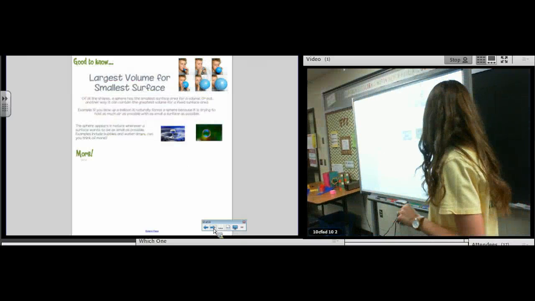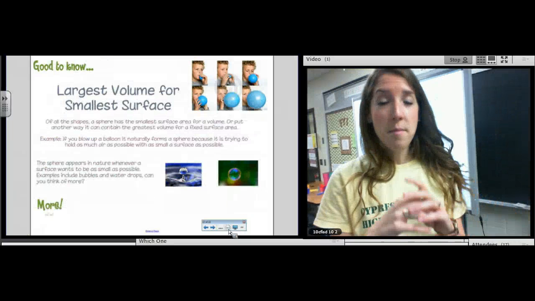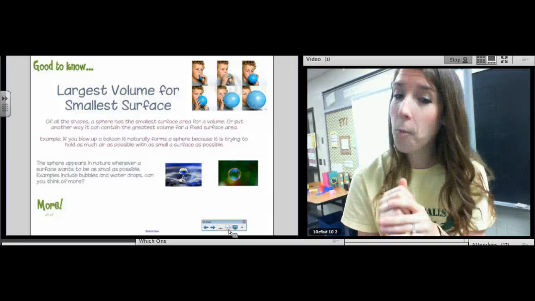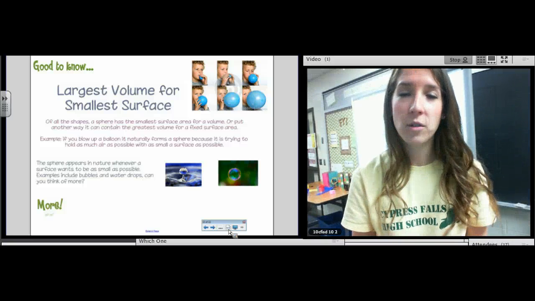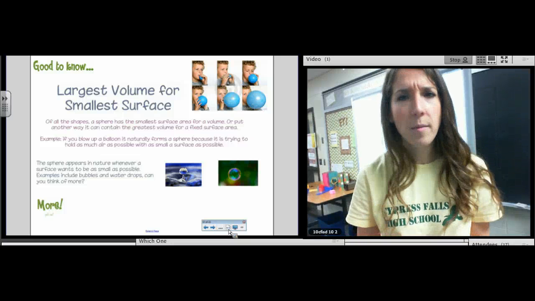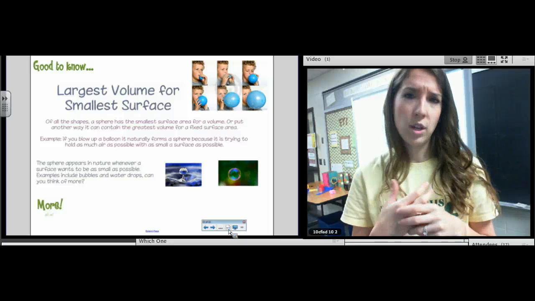Another thing I love about spheres is they're the most efficient shape in the world. Have you ever wondered why when you blow up a balloon, it starts to form a sphere? Why doesn't it form a pyramid? Why doesn't the air form a prism? Why doesn't it form a cube?